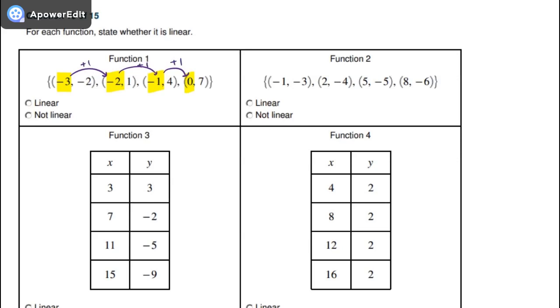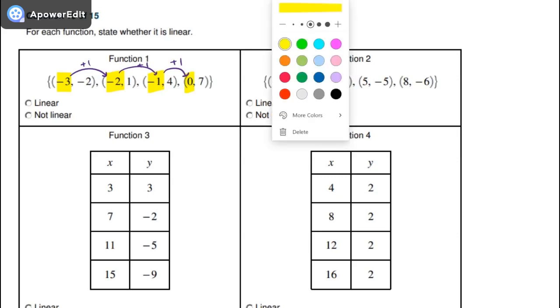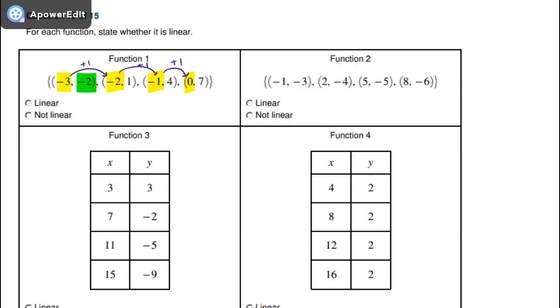Negative 3 plus 1 is negative 2, negative 2 plus 1 is negative 1, negative 1 plus 1 is 0. And how about the y values? We have negative 2, 1, 4, and 7. From negative 2 to 1, you add 3. From 1 to 4, you add 3. And from 4 to 7, you add 3. They change consistently throughout the set of points, so that will be linear.